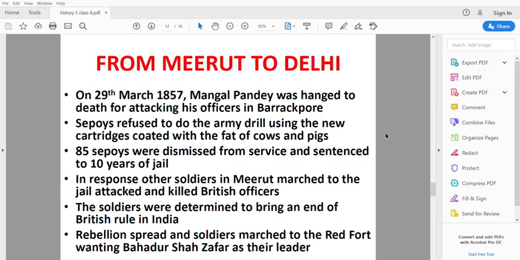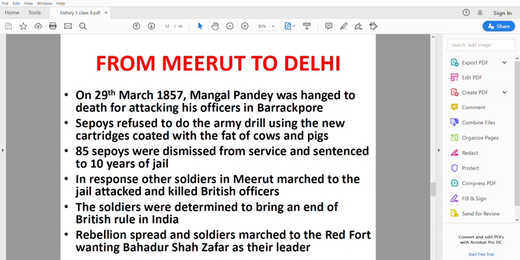Because of this, 85 sepoys were dismissed from the service and sentenced to 10 years of jail. In response, the other soldiers in Meerut marched to the jail, attacked and killed British officers. The soldiers were determined to bring an end to British rule in India.